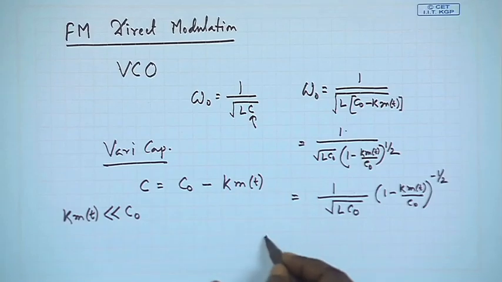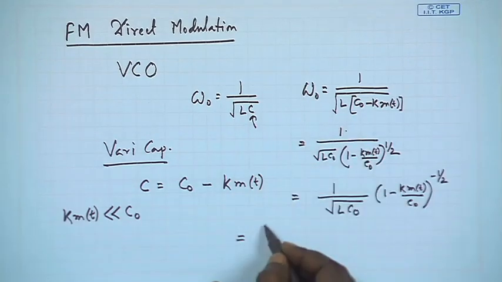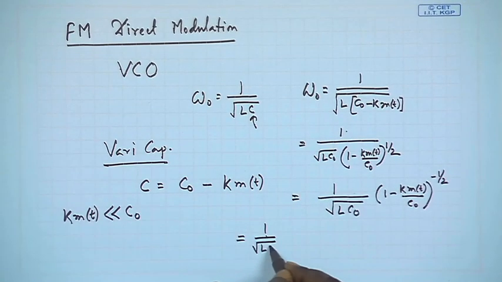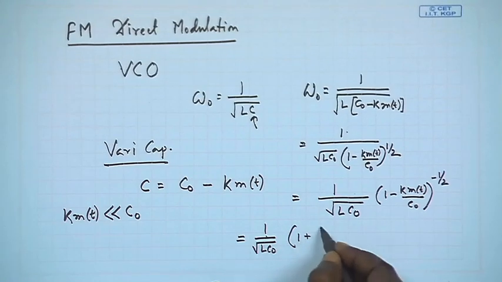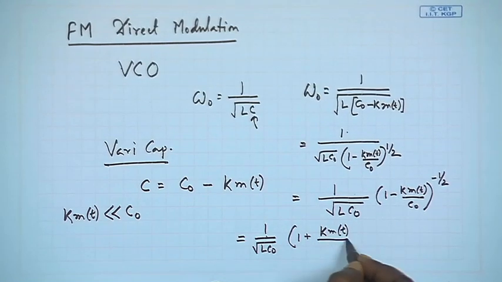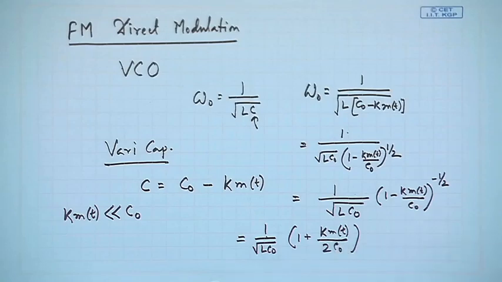So, immediately I get omega 0 is equal to 1 by root LC0 times 1 plus Kmt divided by 2 C0, and all other terms will be neglected. I have just done a Taylor series expansion, valid as long as this condition holds. Generally, mt remains linear in a very small region, so this condition is almost always valid. If that is the case, we get omega 0.